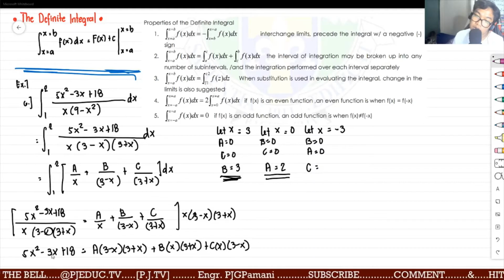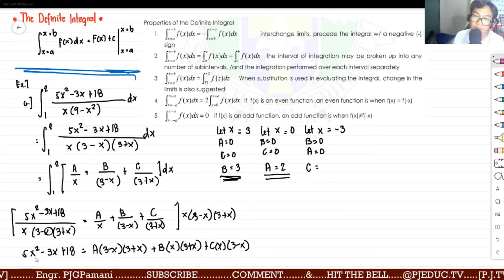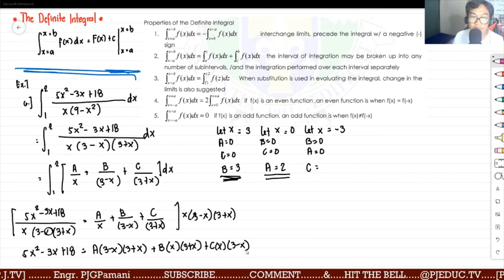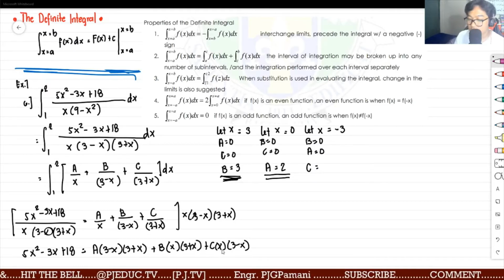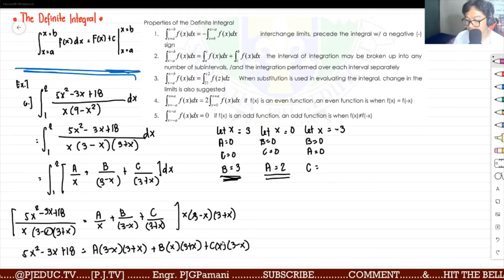9 plus 9, 45 plus 9, 54 plus 18, tama ba? 54 plus 18, 72. 72 divided by negative 3 then 6, negative 18. 72 divided by negative 18, that is negative 4.